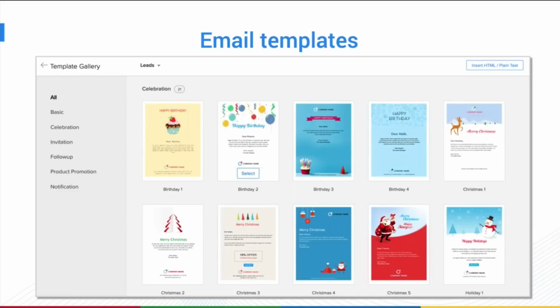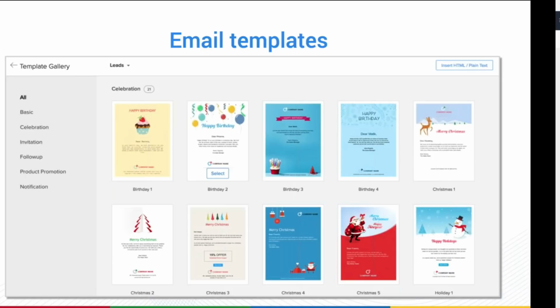Now that's not all. If that's not enough, we have further features that will help you to customize your CRM, specifically your email templates. Now you would want to integrate your CRM with emails, and then you would want to send emails to your prospects. Now you need not bring your email templates from elsewhere.